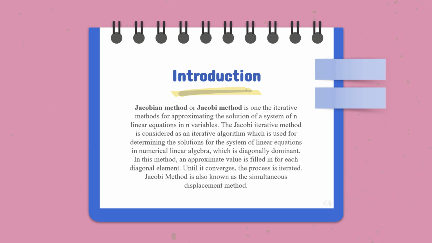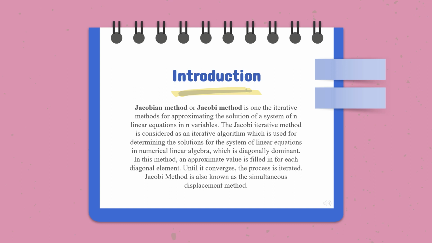So next, let me proceed to the introduction. The Jacobian method or Jacobi method is one of the iterative methods of approximating the solution of a system of n linear equations in n variables. The Jacobi iterative method is also considered an iterative algorithm, which is used for determining the solution for the system of linear equations in numerical linear algebra, which is diagonally dominant.